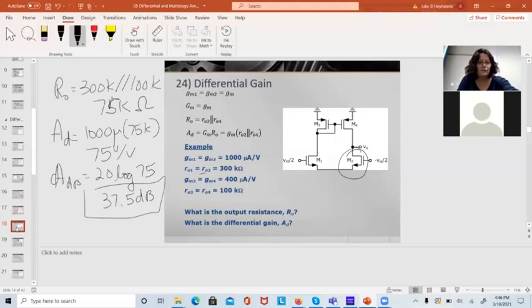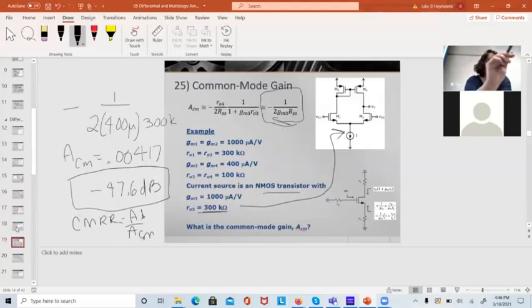When I divide dBs, it's like adding the negative. So I just add their two magnitudes together. 37.5 plus 47.6 should come out to be roughly 80 dB. 85.1 dB.